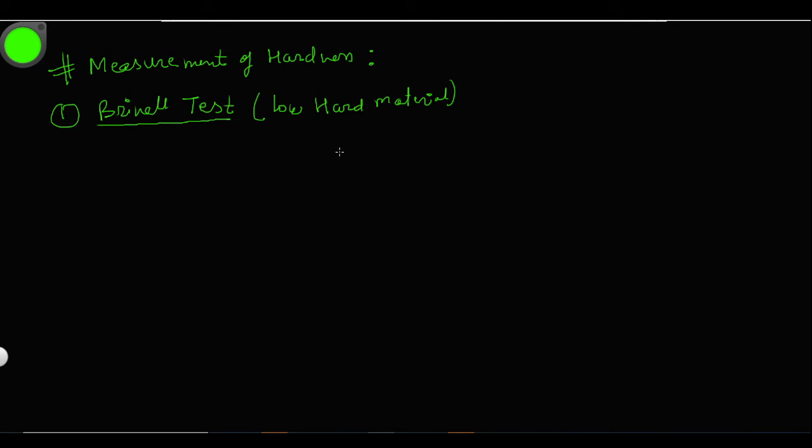In this we use, suppose this is the metal whose hardness we want to know. This is piece of metal or workpiece whose hardness we want to know.